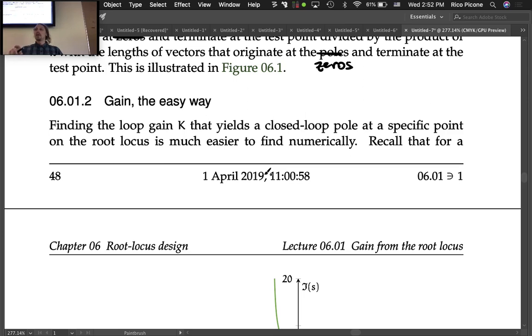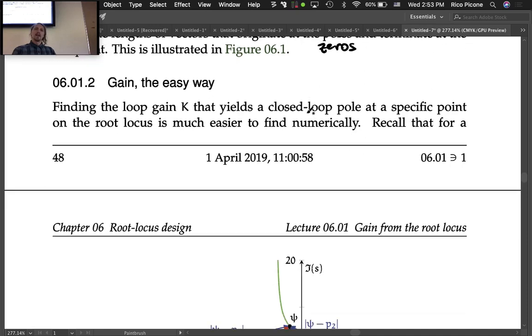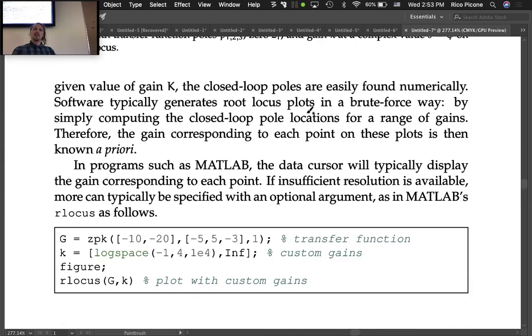It's the same way I feel about this. You really don't need to learn that well how to do hand calculations of gains unless we have to do an in-class final exam, which I sadly still have to find out, but it's possible. Instead, I would recommend using gain the easy way, which is to find it numerically, and we've already talked about how to do that in MATLAB.